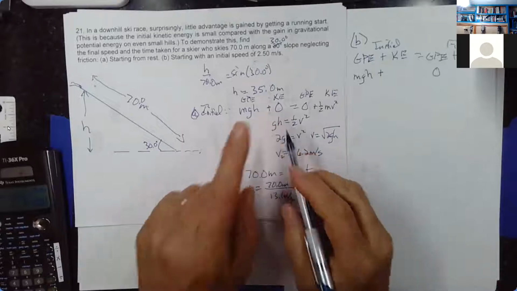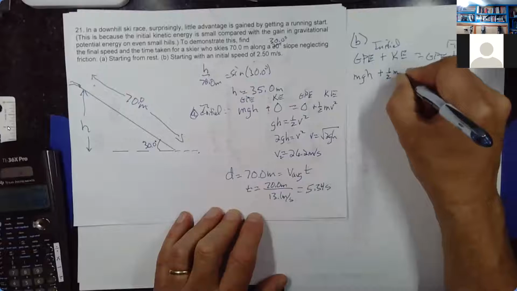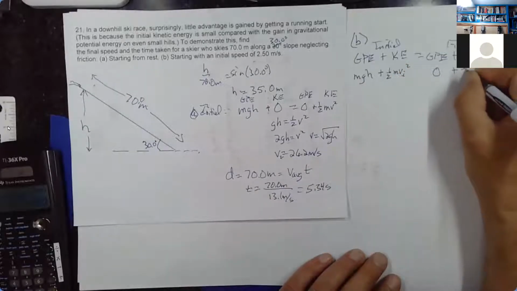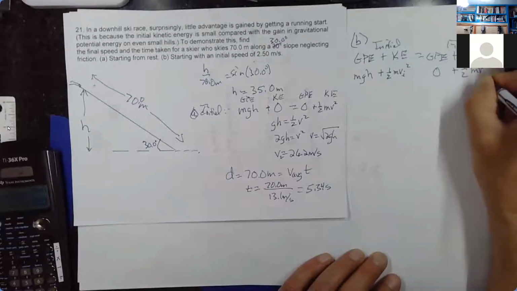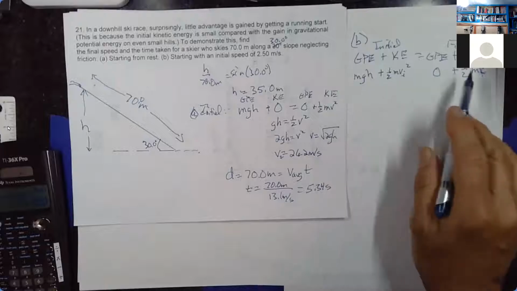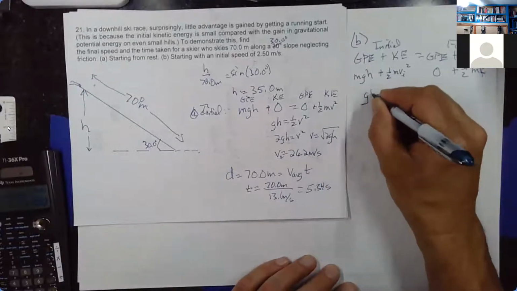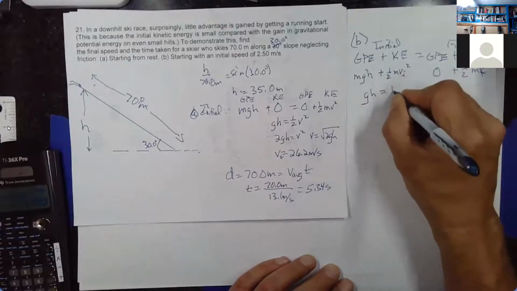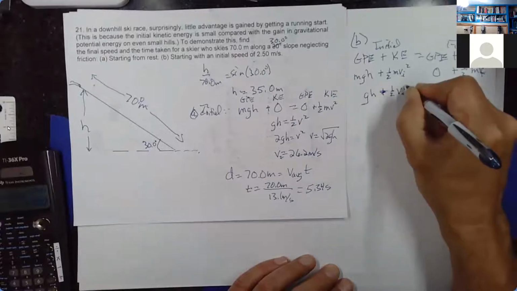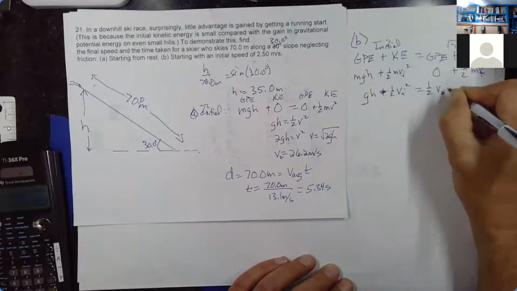In the first example, I didn't, but here I'll have 1/2 m v initial squared, and then over here I'll have 1/2 m v final squared. Now again, every term has the mass, so I can get rid of that, but I'll have gh plus 1/2 v initial squared is equal to 1/2 v final squared.